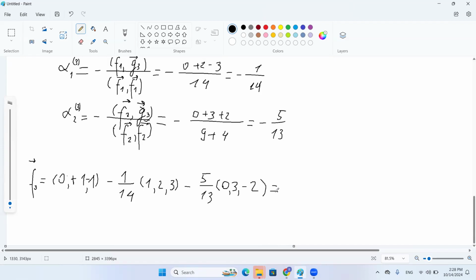Okay, so let's move it to the common denominator, 13. I will multiply 13 by 14 on my calculator to save time. I don't like these corrections, but anyway, we need to do it.